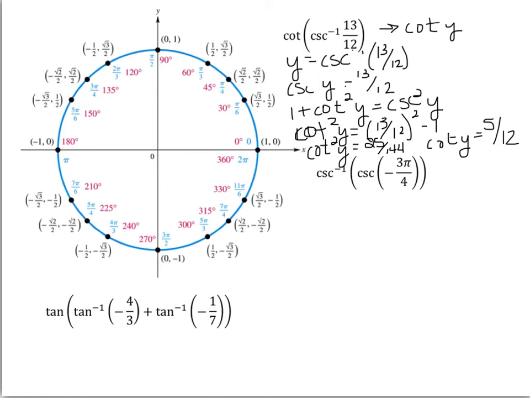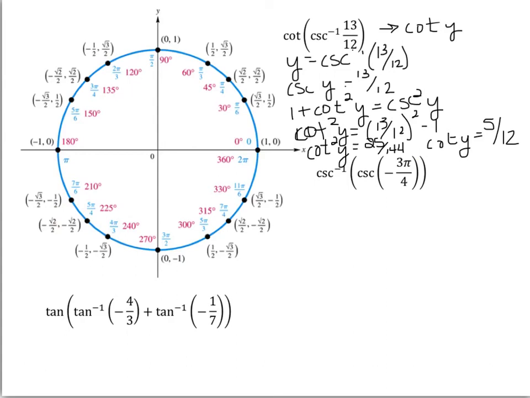Taking a look at the next problem, I'm going to take the inverse cosecant of the cosecant of negative 3 pi over 4. So if I start here, I go backwards 3 pi over 4. Here's 1 pi over 4, 2 pi over 4, negative 3 pi over 4 is here. Now remember that the cosecant would just be the reciprocal of the sine. Well, sine is negative square root of 2 over 2.